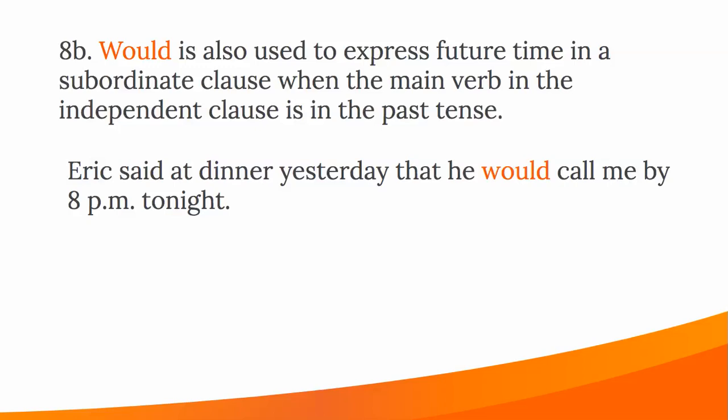Eric said at dinner yesterday that he would call me by 8 p.m. tonight. Said is the main verb in the independent clause. Said is in the past tense. So instead of said he will call me, because said is in the past tense, I use would in the subordinate clause.